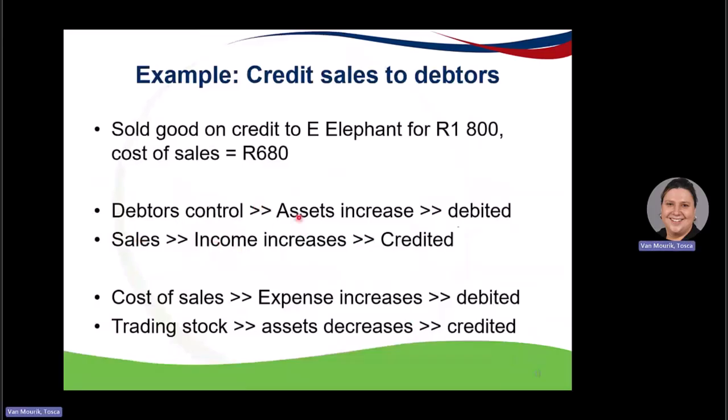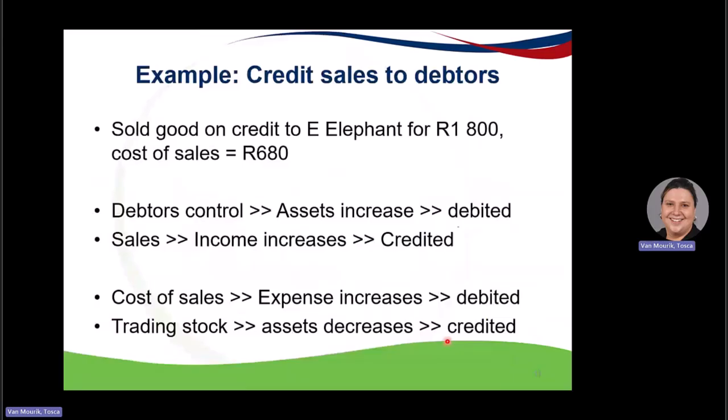Your income increases and we will credit that on the credit side. Your cost of sales is an expense. My expenses are increasing, so we will debit the expense. Trading stock is an asset. Assets decrease, and therefore it will be credited.